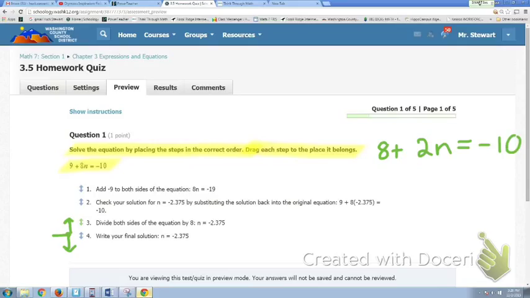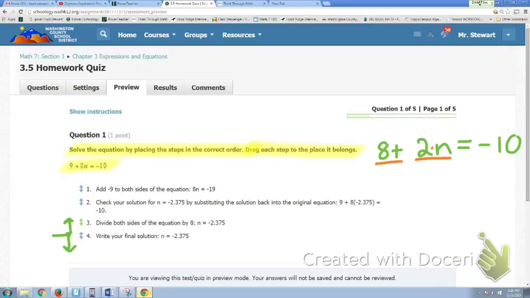When you're working with multiple operations, you have to notice that n is both multiplied by 2 and added to 8. So there are 2 terms you need to cancel out here. You want to get the 8 away, and you also want to get the positive 2 away from the n. If you can do both of these things, then you'll be fine.